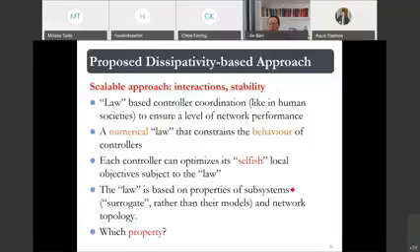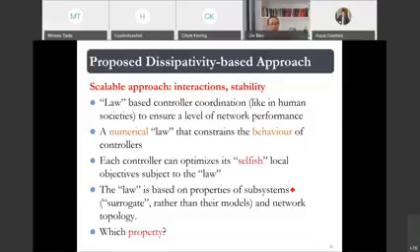We do not focus on letting the controllers negotiate with each other and come to an optimal operating condition through iterative optimization, but rather we try to put a law on each controller, just like in human societies, where the law says these are things you can't do, and you can do whatever other things to maximize your own selfish objectives.